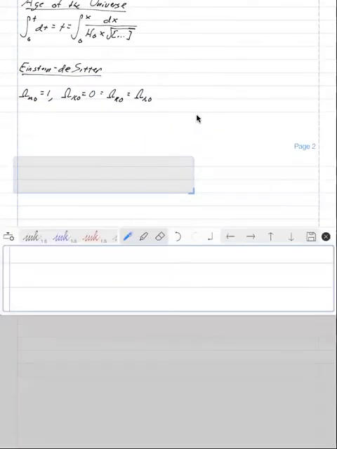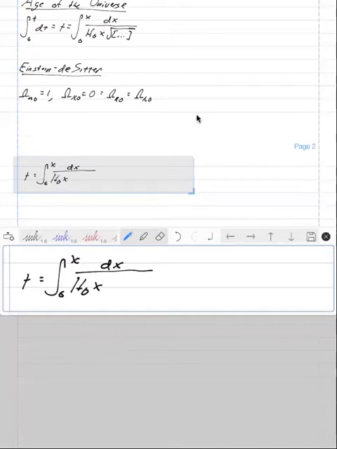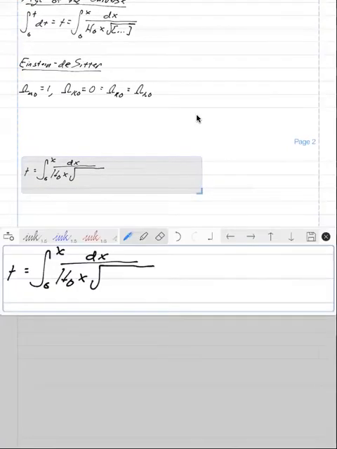All right, so now we have t is equal to the integral from 0 to x of dx over h naught x times the square root of the stuff in the bracket. Now, omega m is 1, and all the others are 0, and so the only term that's left is x to the minus 3.